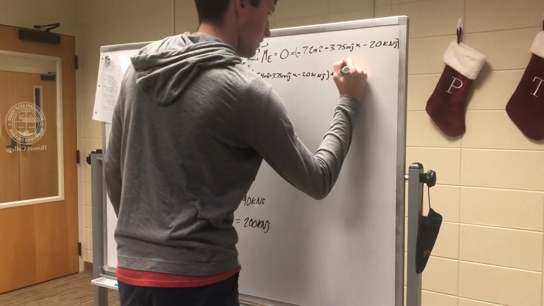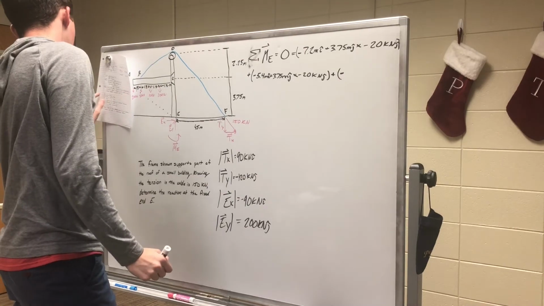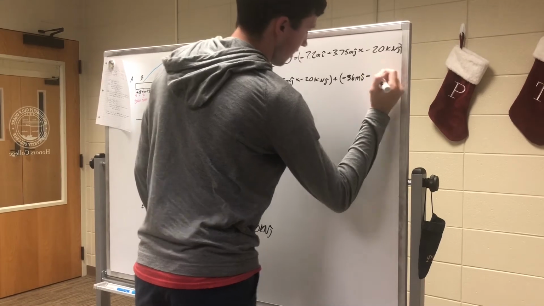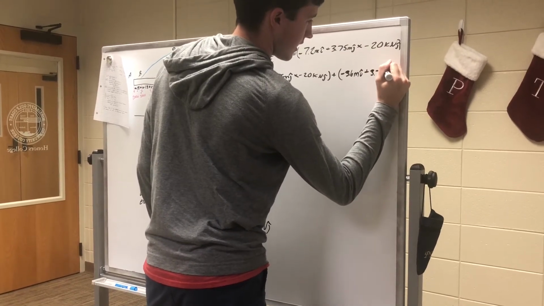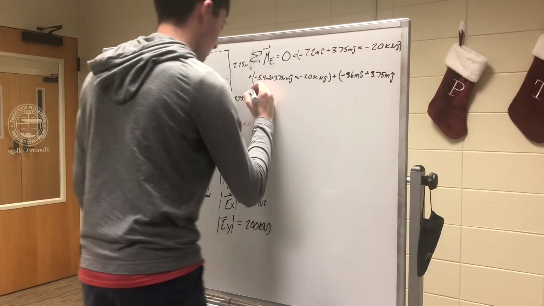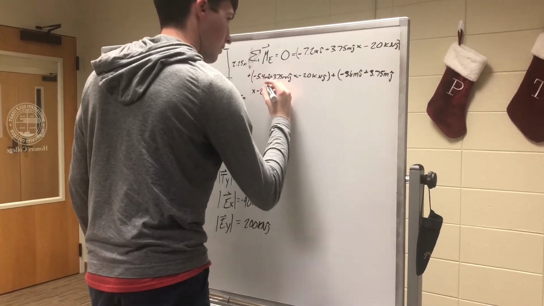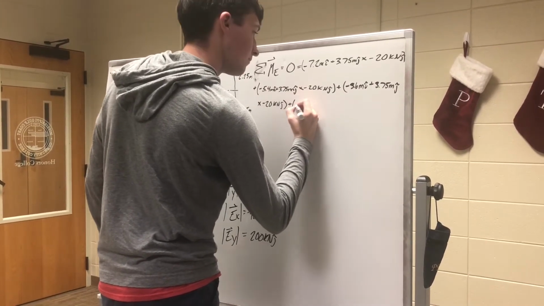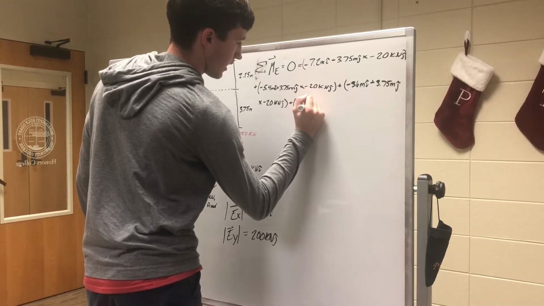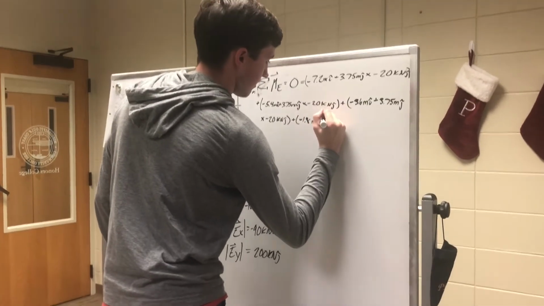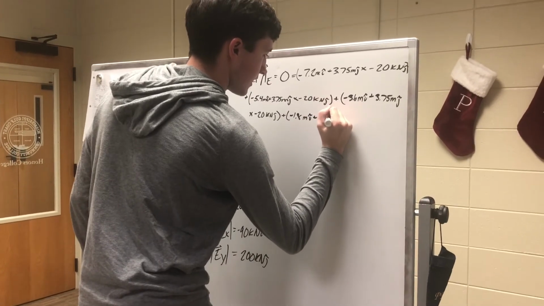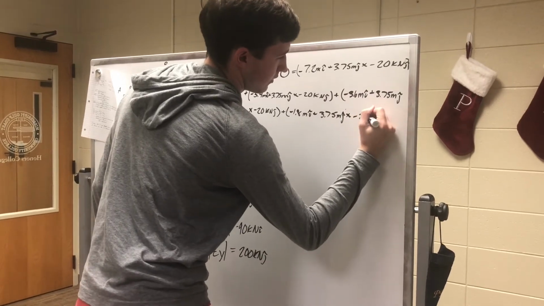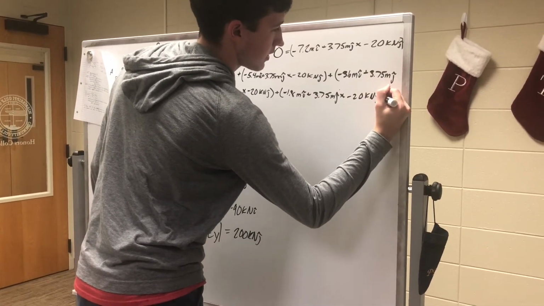So that's plus negative 3.6 meters I hat plus 3.75 meters j hat crossed with negative 20 kilonewtons j hat, plus negative 1.8 meters I hat plus 3.75 meters j hat crossed with another negative 20 kilonewtons j hat.